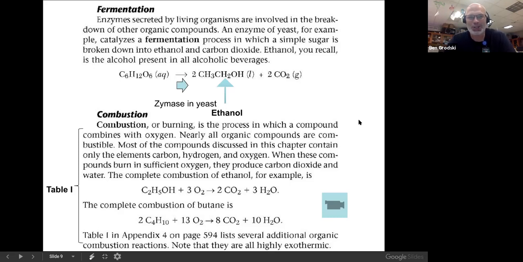Okay, combustion. We've learned about combustion as being an oxidation process. Well, fermentation is also. In any case, you notice in combustion, we take oxygen and an organic fuel. Table I, as we've talked about before in your Regents reference table, lists combustion reactions in the top third. And these are an example of organic reactions.